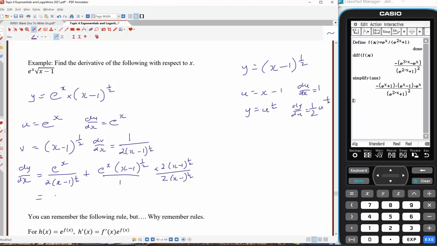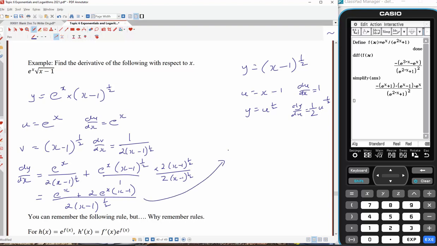So it's going to be e^x plus, now, it gets multiplied by 2, so we'll write that as 2e^x (x − 1)^(1/2) times (x − 1)^(1/2), common base, add the powers, it's just (x − 1), all over 2(x − 1)^(1/2).